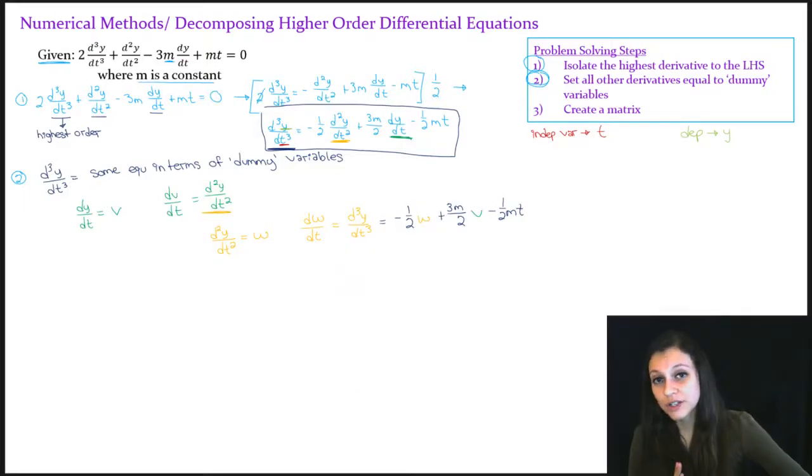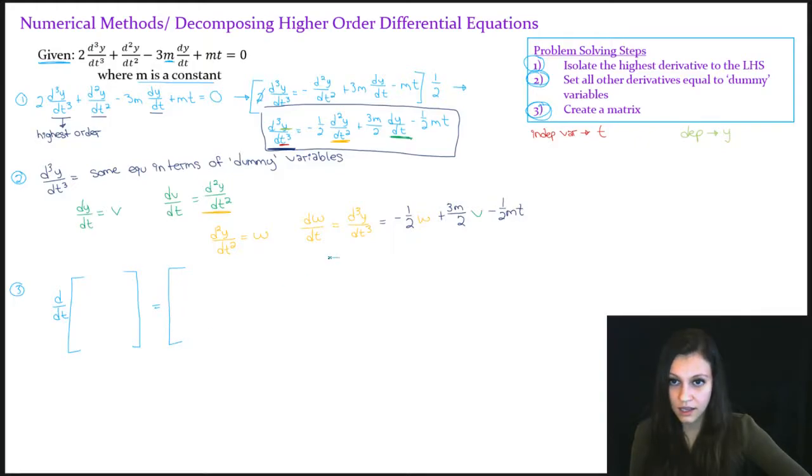So now we can go ahead and move on to the third step, which is to create a matrix. So when we create our matrix, we are always going to have the derivative with respect to the independent variable. And then we're going to have a left-hand side matrix and a right-hand side matrix. The left-hand side matrix contains the dependent variable and all the dummy variables that we selected.